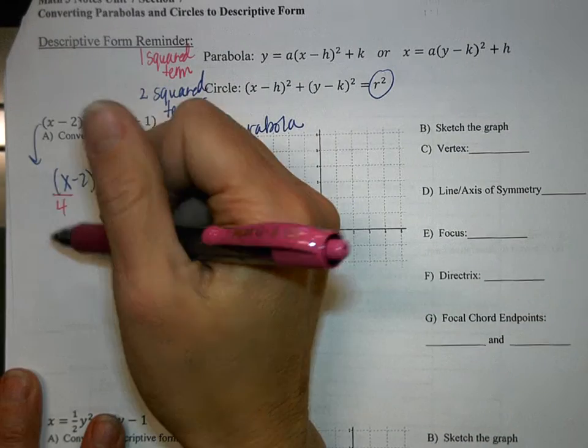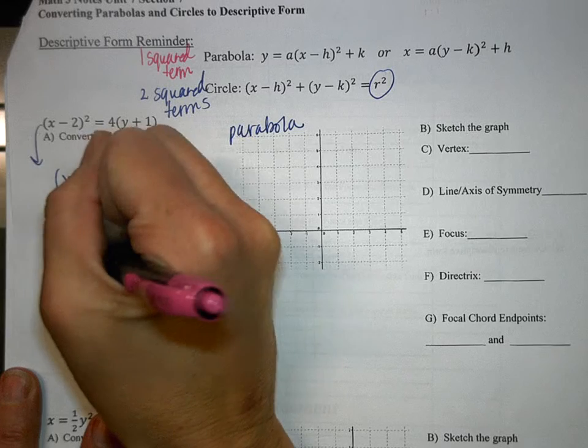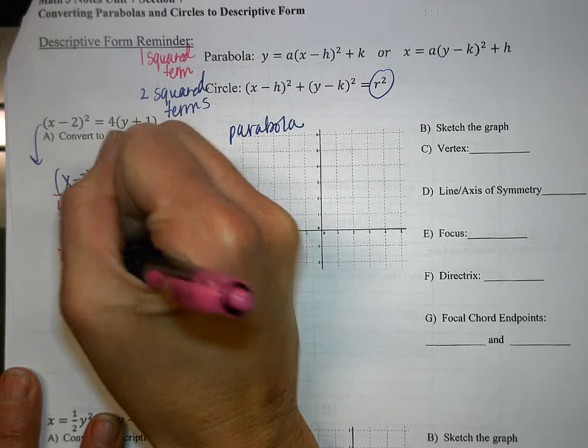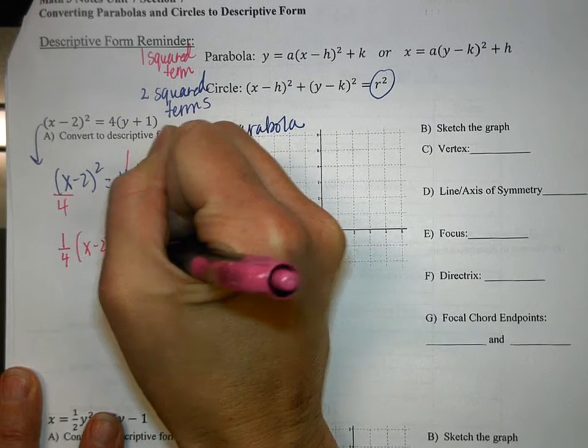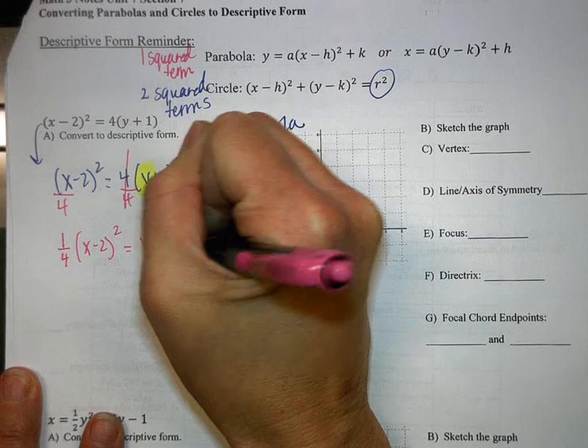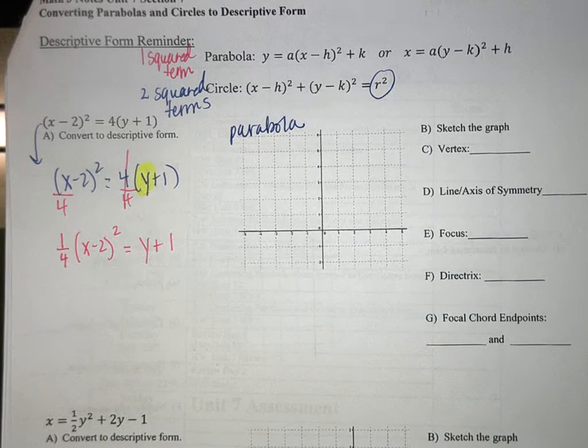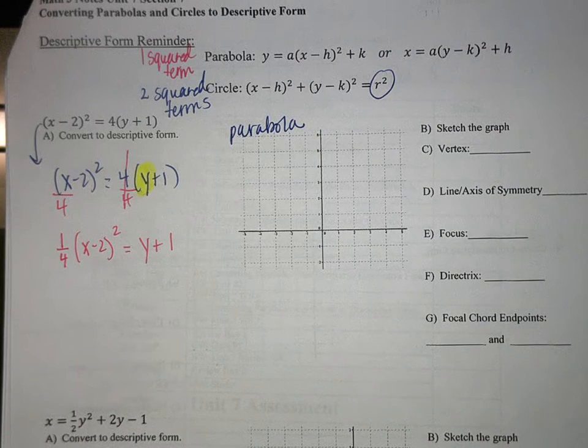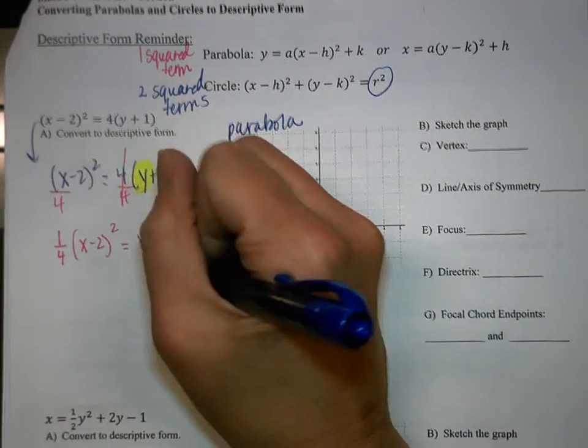When I rewrite this, remember we write this as a fraction in front, so I have 1/4 (x minus 2) squared equals y plus 1. What do I do next to get y by itself? Very good. Subtract 1.